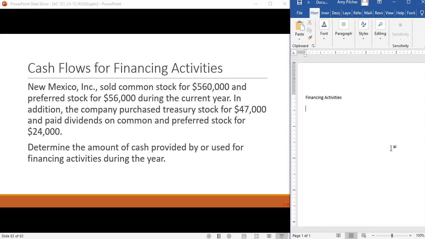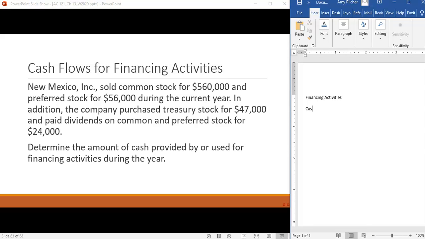So the things that show up in our financing activities section are paying loans, receiving cash from taking out loans, receiving cash from selling stock, paying out cash in dividends, and paying out cash to purchase treasury stock. If you remember from chapter 12, treasury stock is when we buy our stock back from the market.